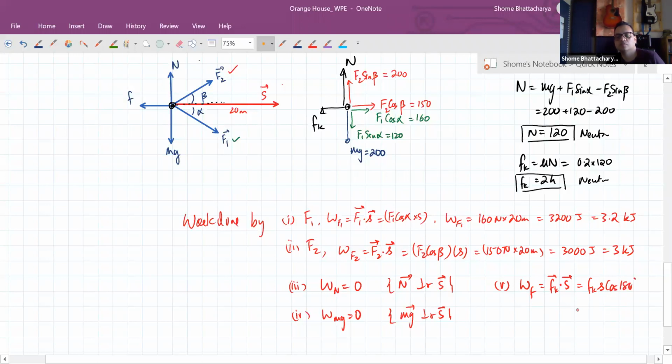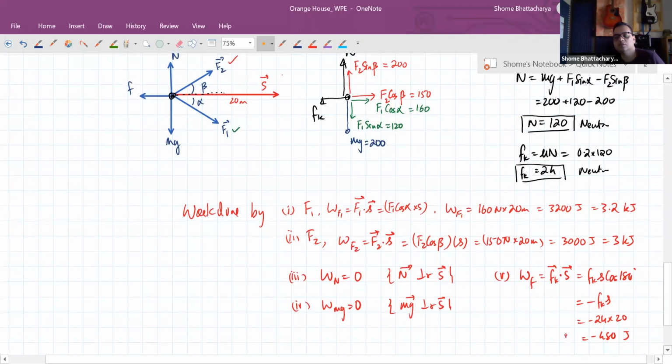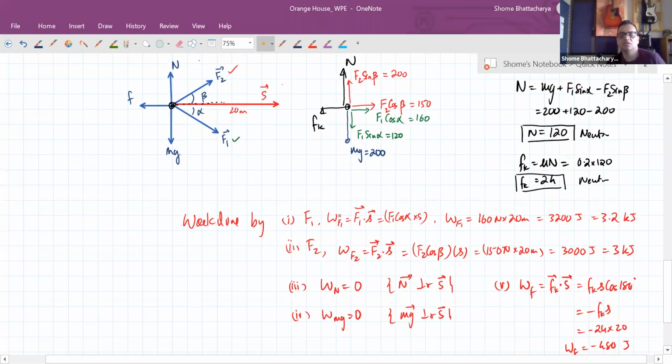So the minus of kinetic friction, which we saw is 24 newtons, multiplied by 20 meters. So minus 480 joules. That is the work done by the friction. So these are the work done by each of the five forces which are acting on the body.